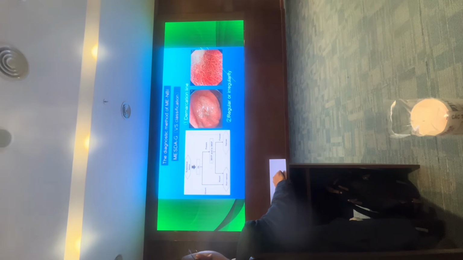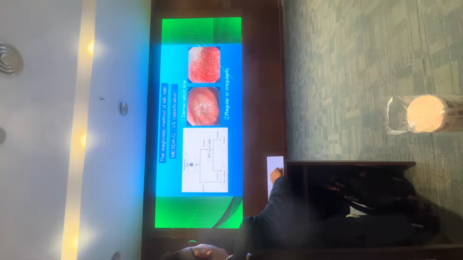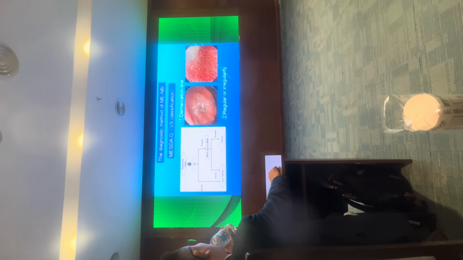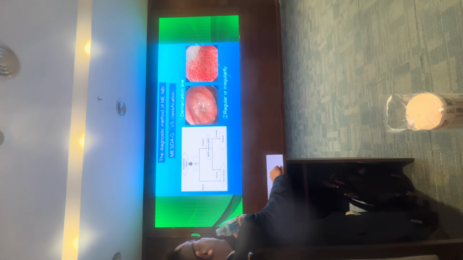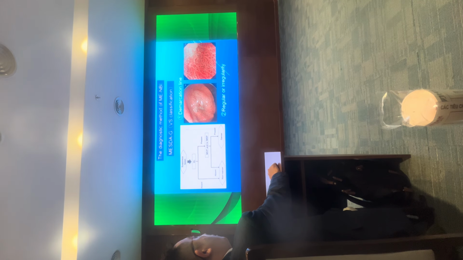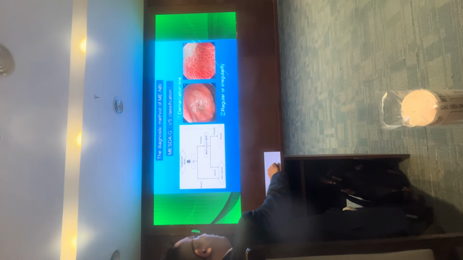For the diagnostic method of magnifying endoscopy in the stomach, the method is VS classification. The diagnostic method is based on the criteria of this methodology. First, according to this methodology, we should assess the demarcation line.